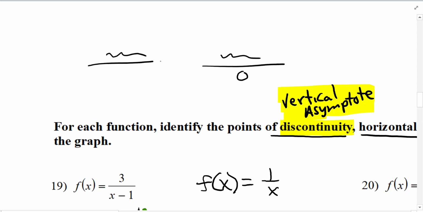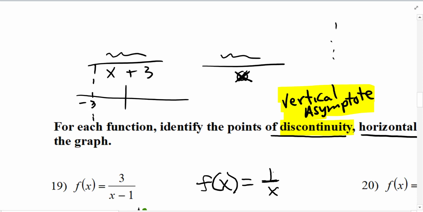So if you had a bunch of stuff and you had x plus 3, where x is equal to negative 3, there would be a vertical asymptote, because negative 3 zeroes out. If you just have an x right there, where x is equal to 0, there would be a vertical asymptote.